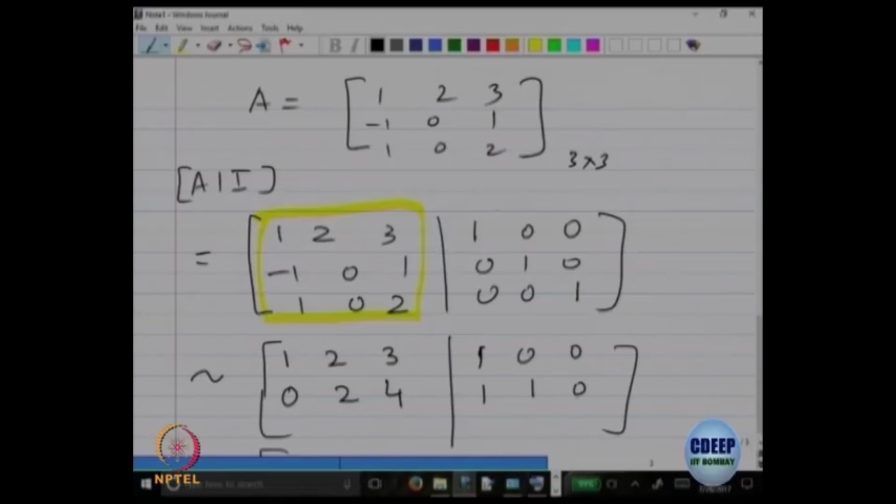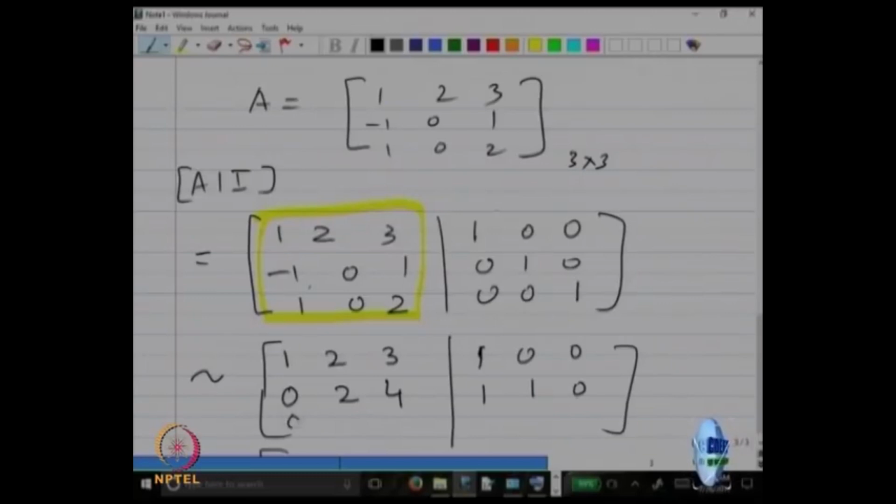I want to make the last one also 0. So, what I can do, either I can add R2 and R3 or subtract R1 from R3, whichever I like. So, let us add, because the minus is already there. So, R2 added to R3.